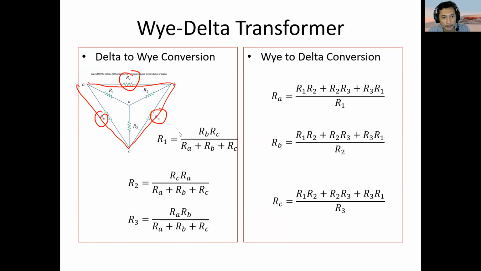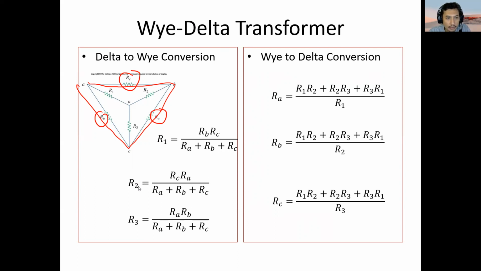This is the formula. To get your R1, what you need to do is multiply the adjacent resistances, which are RB and RC, and then divide by the total resistance, RA plus RB plus RC.